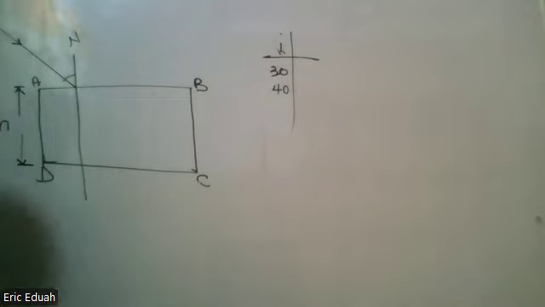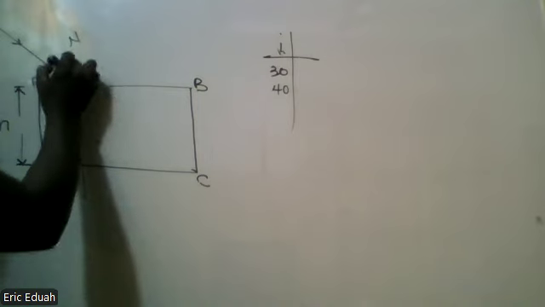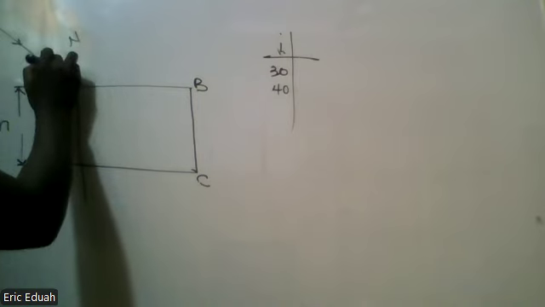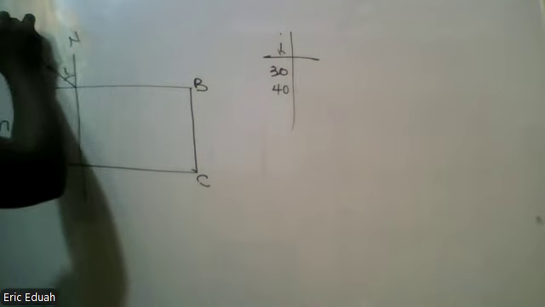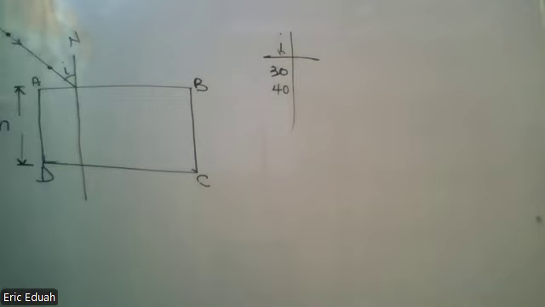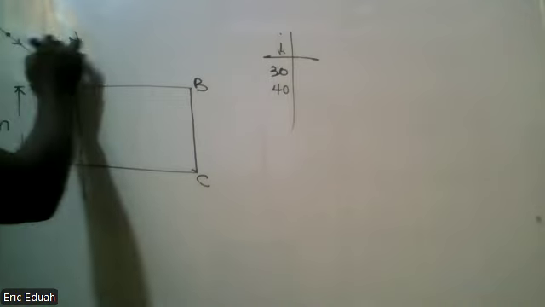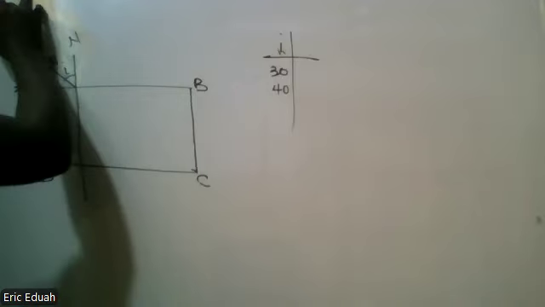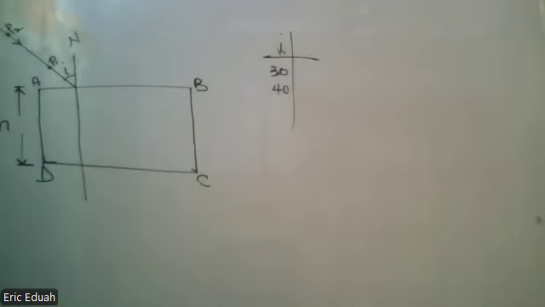On the incident ray, you push 2 pins, P1 and P2, spaced 5 centimeters apart.